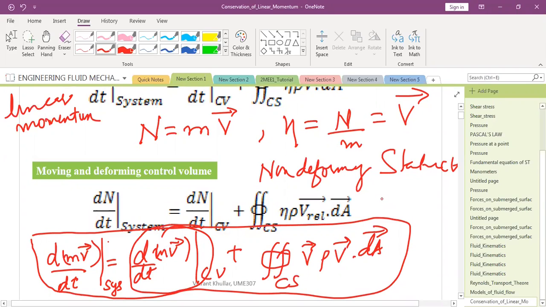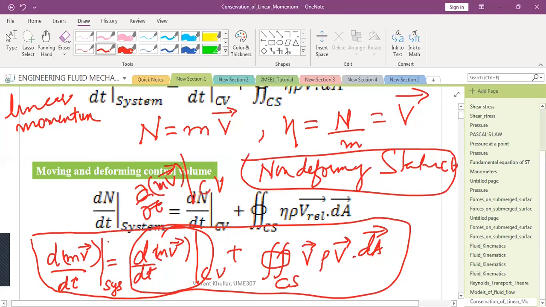Sir, m dv by dt. Can I replace the ordinary derivative with what? The partial derivative. So this is what I can do if I have this condition in place. That is, this ordinary derivative can then be converted to a partial derivative.